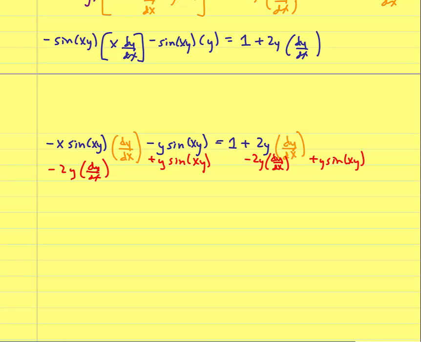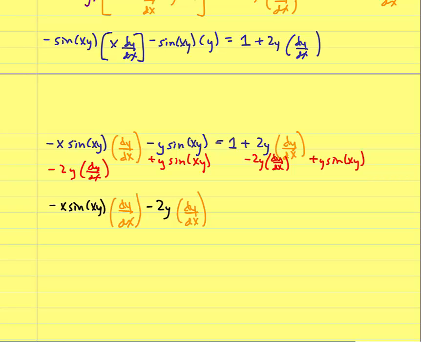So let's go ahead and write what we have here. It looks like I have negative x sine(xy) dy/dx minus 2y dy/dx.